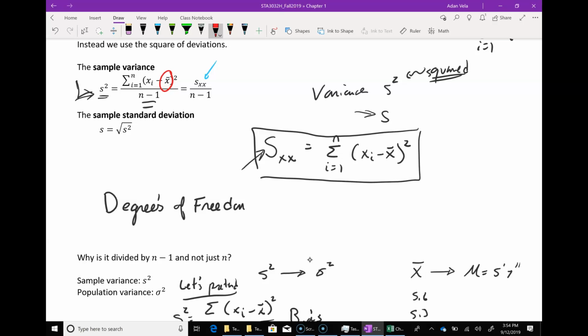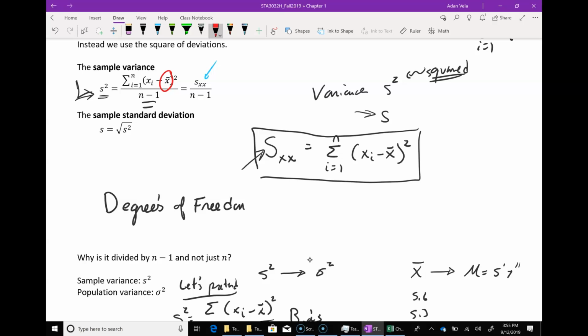I think you guys have all taken algebra. So you always talk about the number of unknowns and the number of equations. Same idea. How many data points do you have? 100. How many equations do you have? You actually have two. You have the s squared equation, and you have the x bar equation. And that x bar equation sort of subtracts off some of the knowledge that you're getting from the 100 data points.